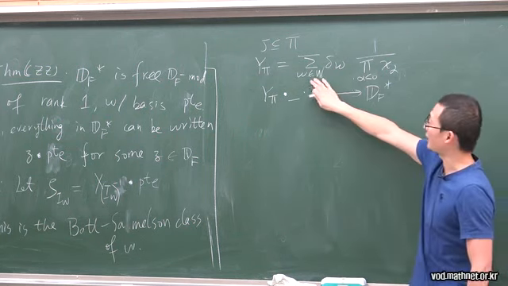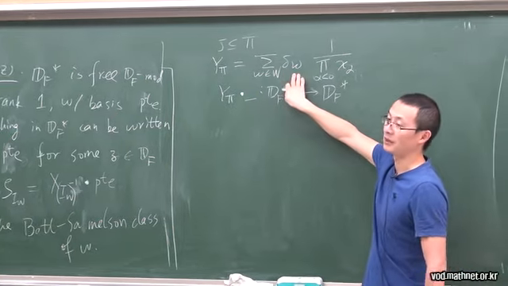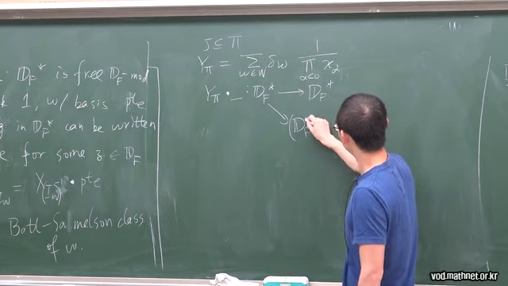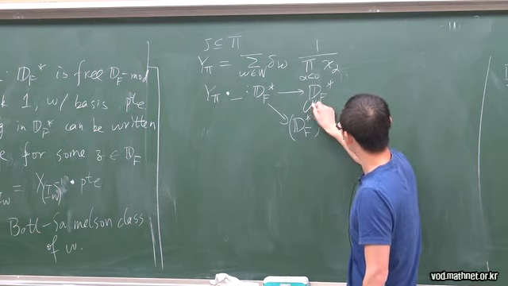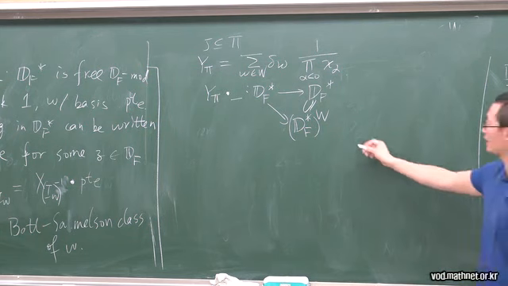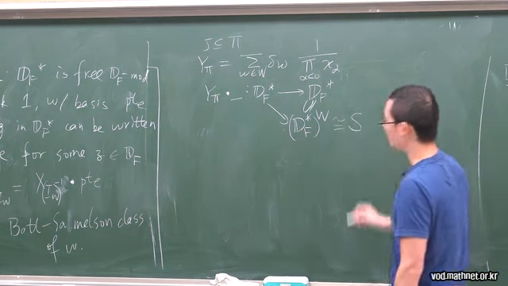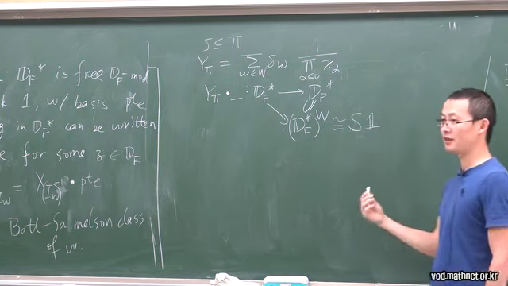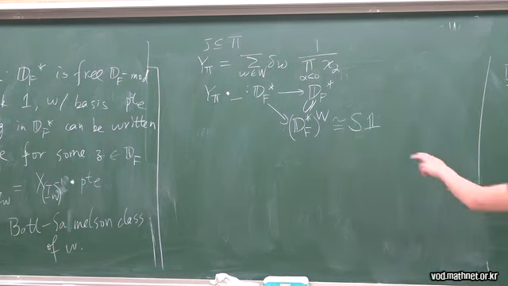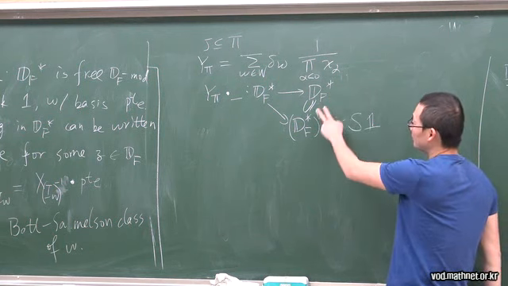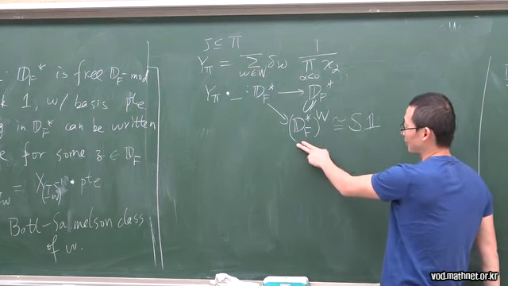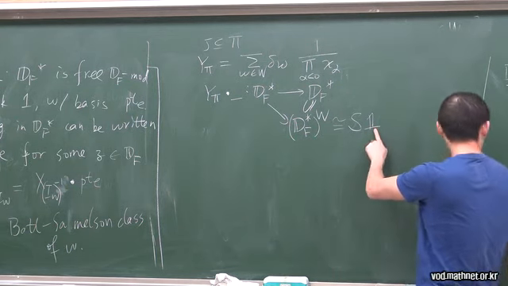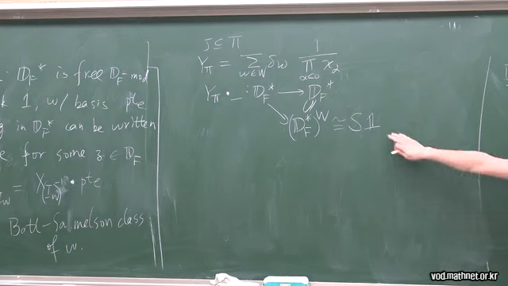And now because you are taking the sum of all the group elements, it gives you something landed inside the W invariant subring, and actually this is isomorphic with S, this is S times 1. So this W invariant subring is a free S module with rank 1, and this is precisely generated by this one.